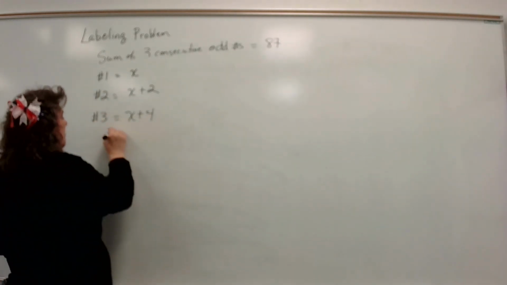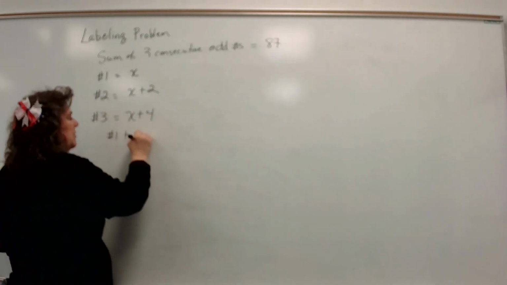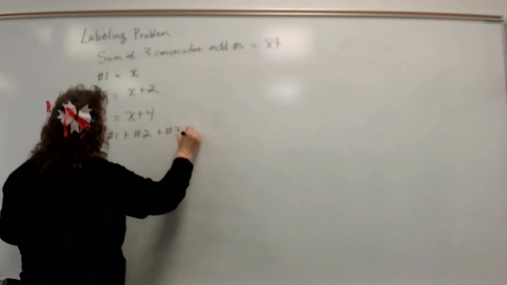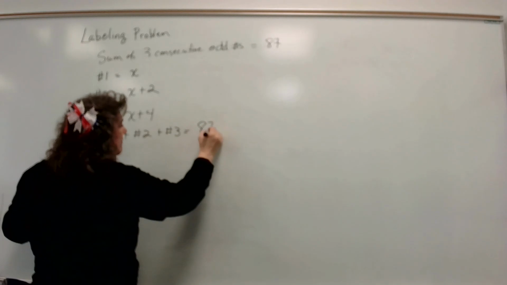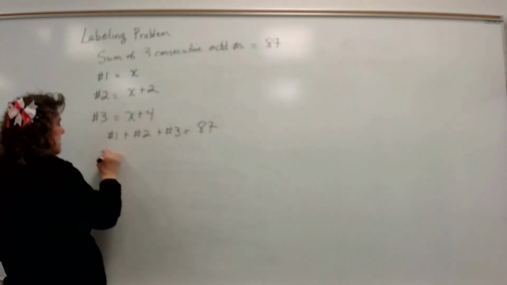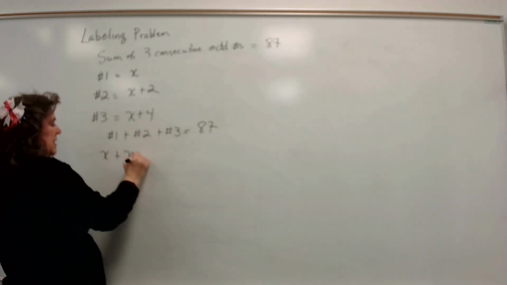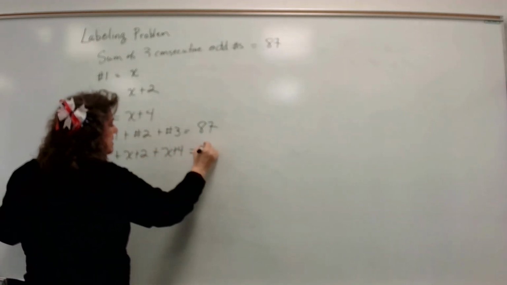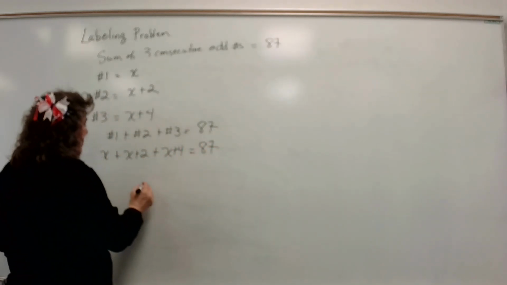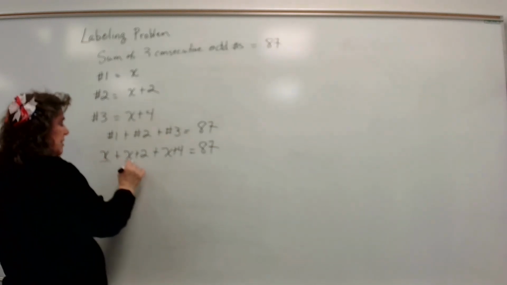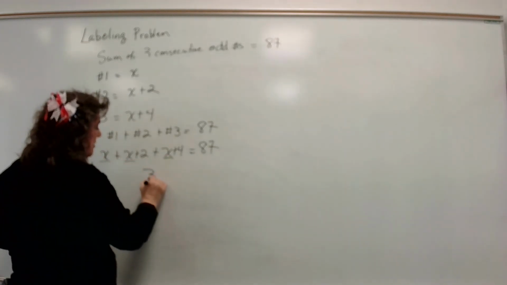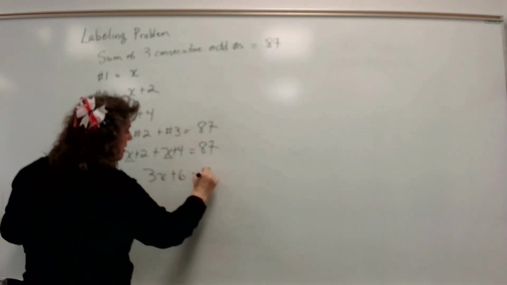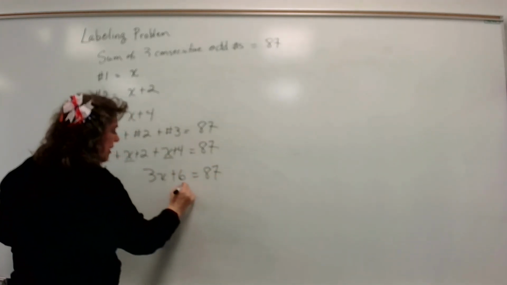So that means number 1 plus number 2 plus integer number 3 is equal to 87. So this is x plus x plus 2 plus x plus 4 is equal to 87. Add our like terms, x plus x plus x is 3x. 2 plus 4 is 6. And now solve your equation.